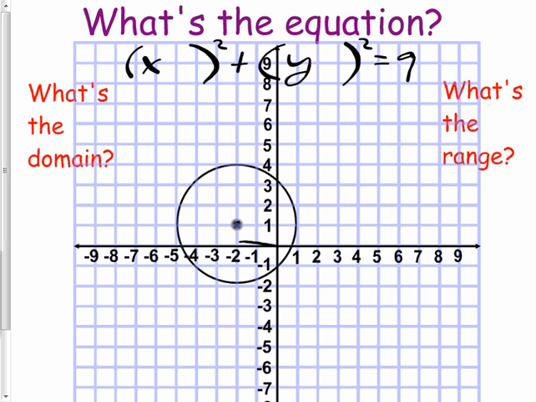How do I go left 2? Plus 2. And then the y has been moved up 1. And I don't trust this as plus 1. I go minus 1. Because the stuff in the parentheses is counterintuitive now. So the y you can't trust anymore. It does the opposite of what you'd expect. Seems like it should go plus 1, but it doesn't. It's a minus 1. All right. Raise your hand if you had that one right.